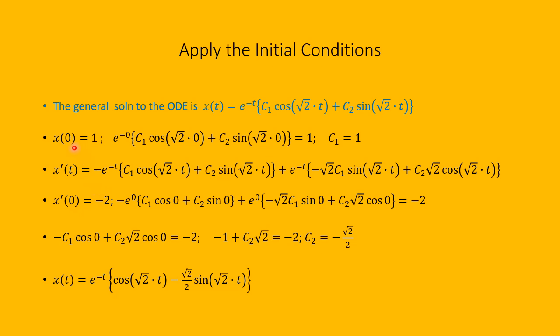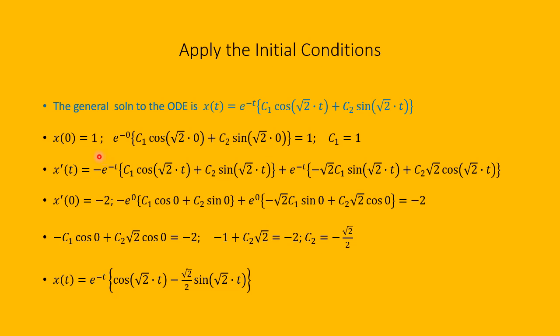If x of 0 is 1, just plug in 0 for the t, and we get e to the minus 0 times c1 cosine of the square root of 2 times 0, plus c2 sine of the square root of 2 times 0, equals 1. Cosine of 0 is 1, sine of 0 is 0, and e to the minus 0 is 1, so this equation just becomes c1 equals 1.